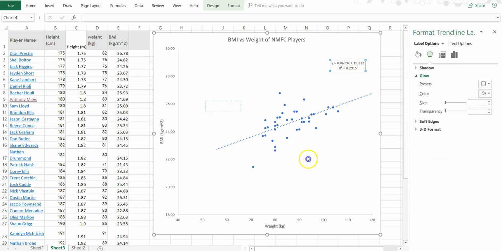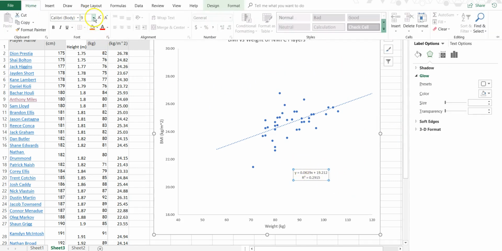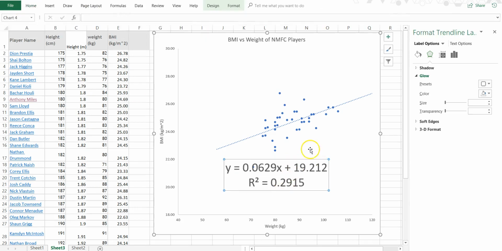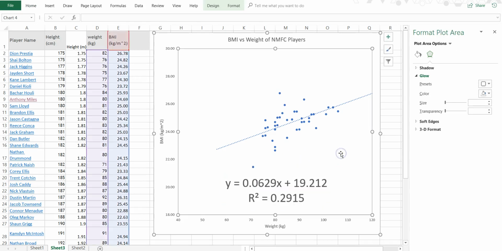So, now Excel has created for us this equation. It's telling us that the linear equation, y equals 0.0629x plus 19.212, is a good model for the relationship between weight and BMI of North Melbourne Football Club players.